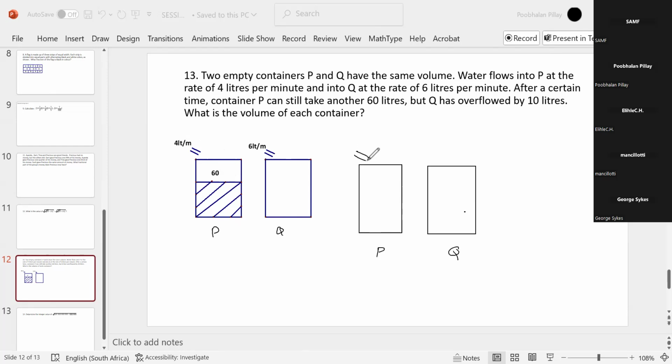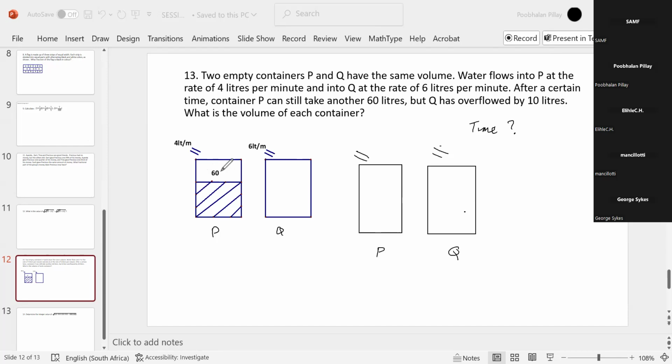So you've got water flowing into this thing now, at the rate of 6 liters. Oh, for Q, it's 6 liters per minute. I've got that also recorded here. Now, after a certain time, we don't know after what time, right? Container P can still take another 60 liters.